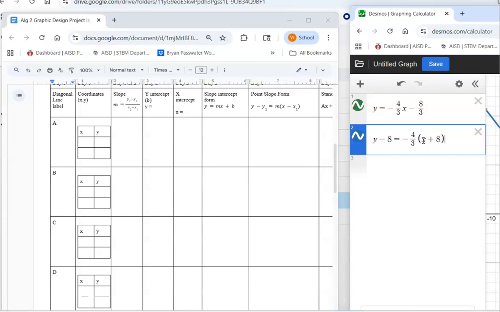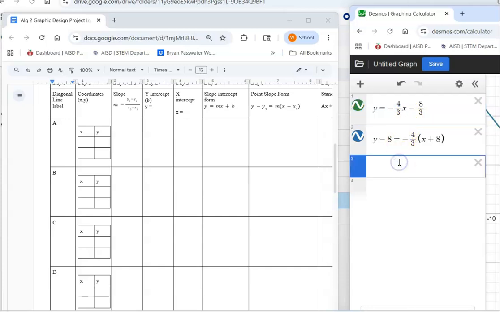And then the last one is standard form. Standard form means the x and y are on the same side of the equal sign. So you take your slope-intercept form and make the x term go on the same side as the y. How do you get rid of -4/3 x?